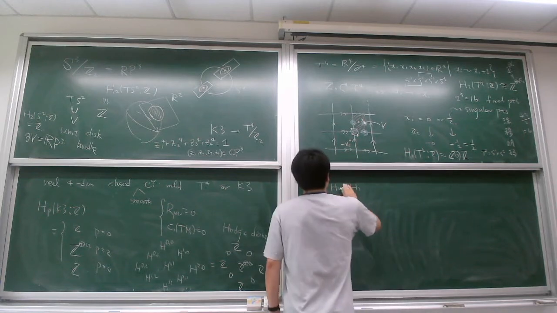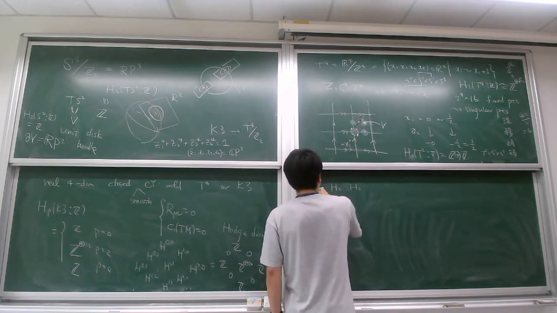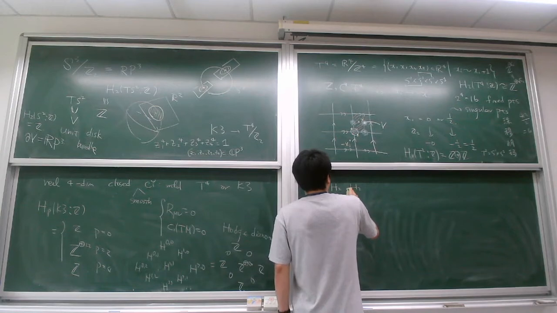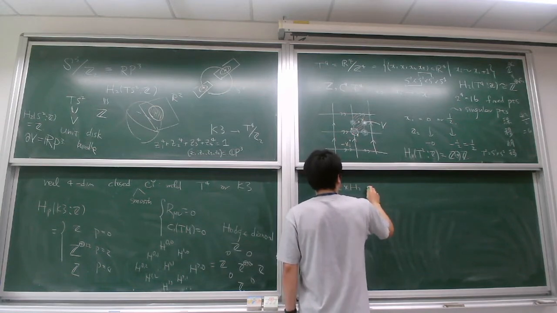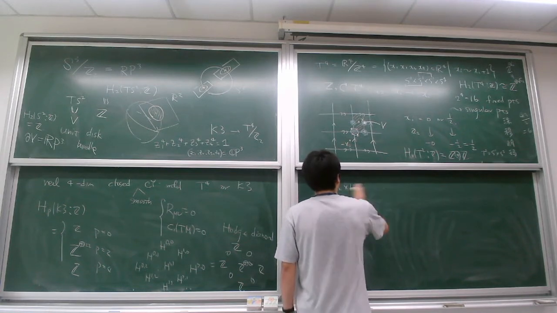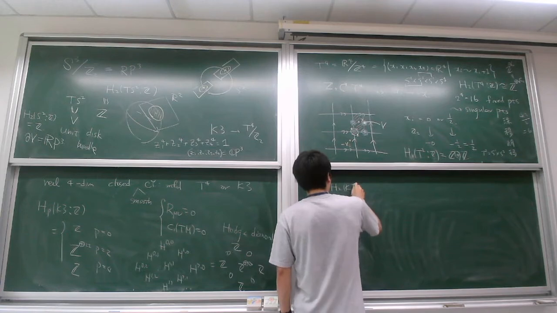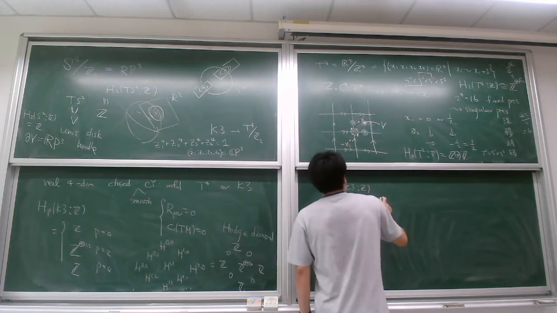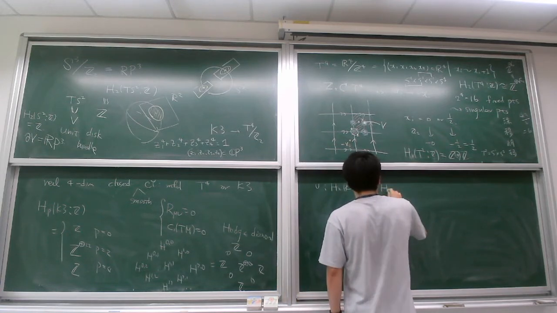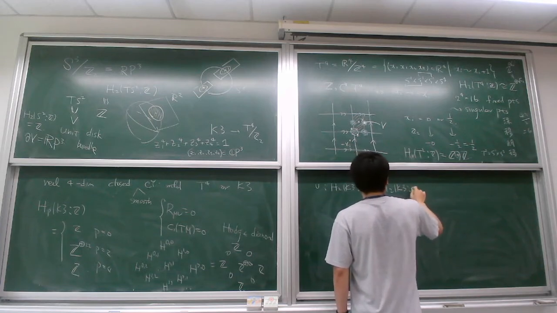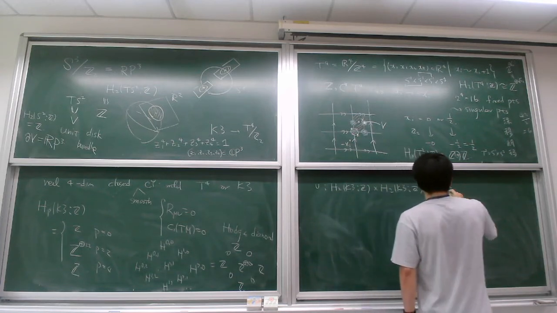Sorry, I think I should write down the cup product more precisely: H2 of K3 times H2 of K3 goes to C.